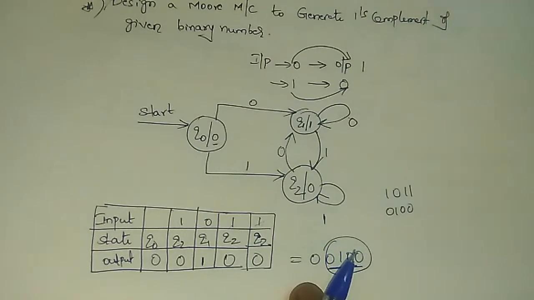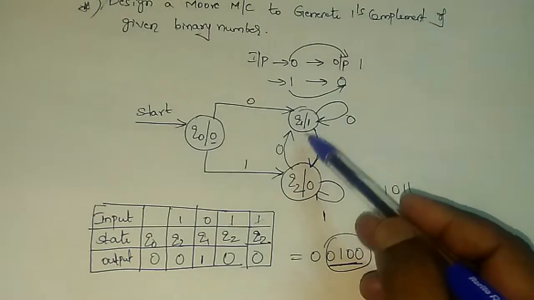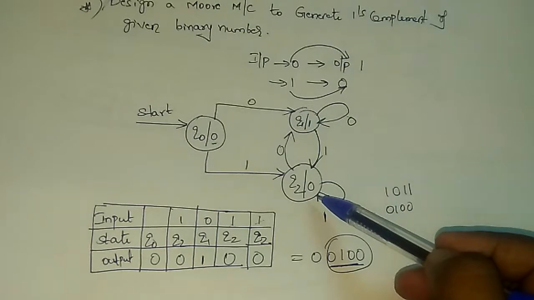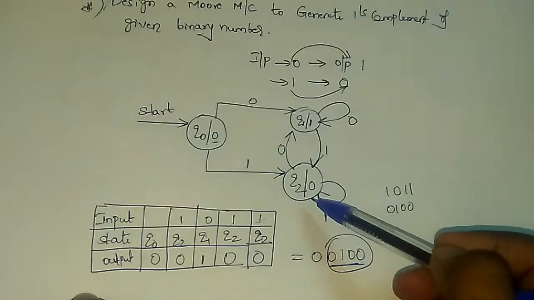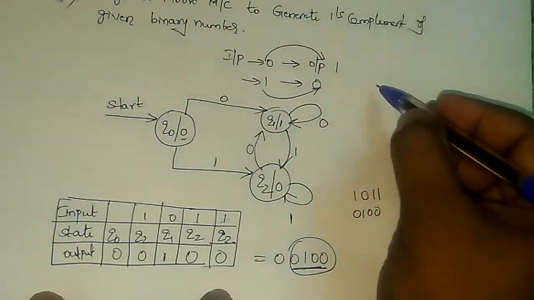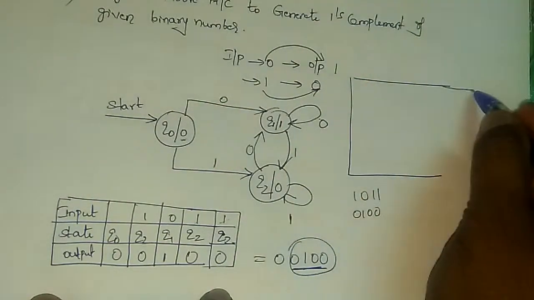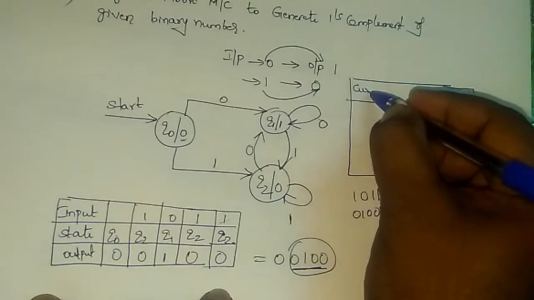Now we should construct a truth table for this, because as we know we have three outputs here. The first output is 0, the second output is 1, and the third output is 0. Now I should show my transition table in such a way that it covers the current state and next state along with output. So this is my current state.